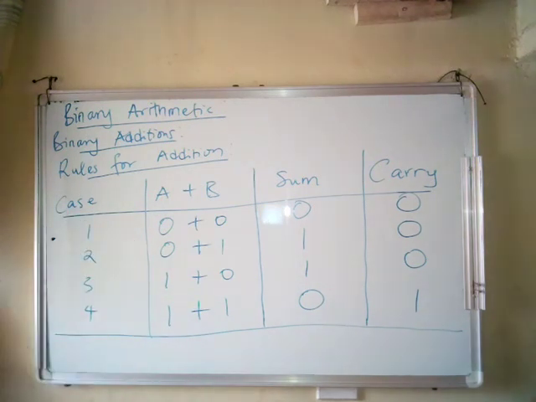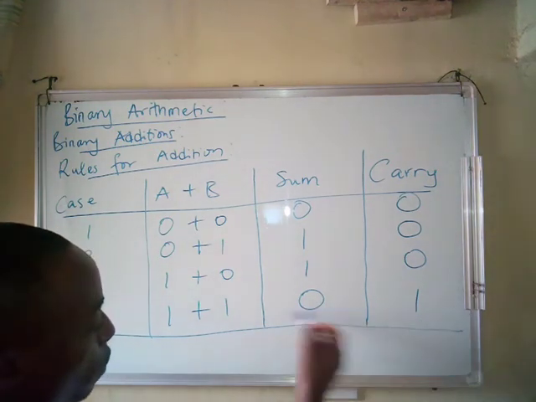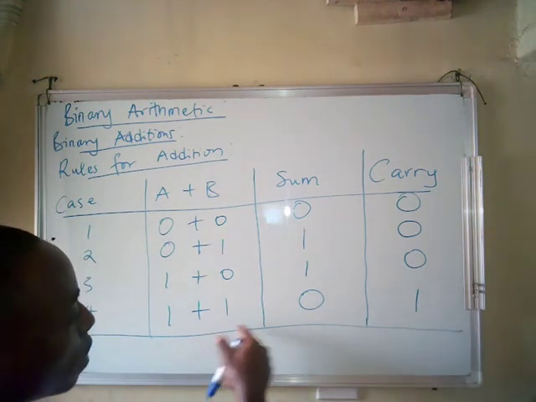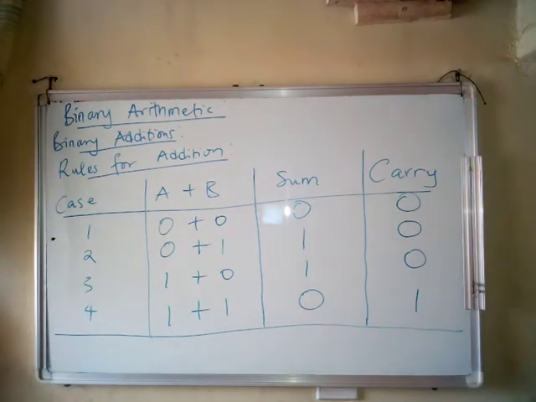Okay, so this is our table. This is what we have, and we would look at this fourth case, where you have 1 plus 1, the result is 0, and you carry 1. How is that done? How is it possible that you could have that?